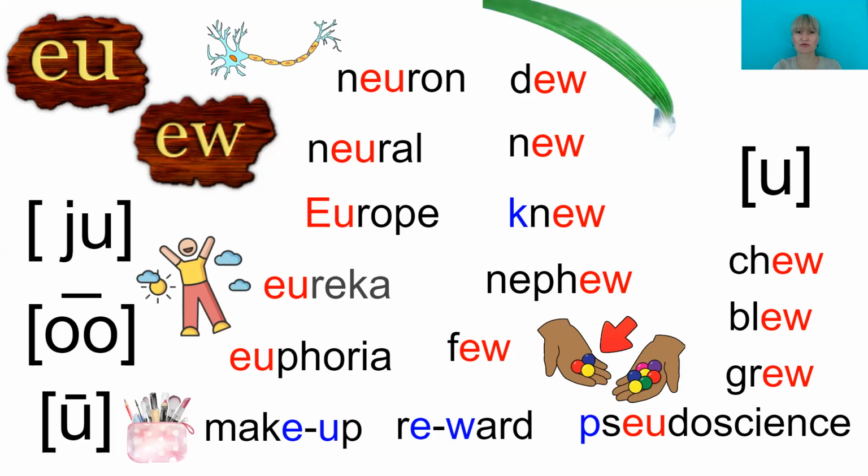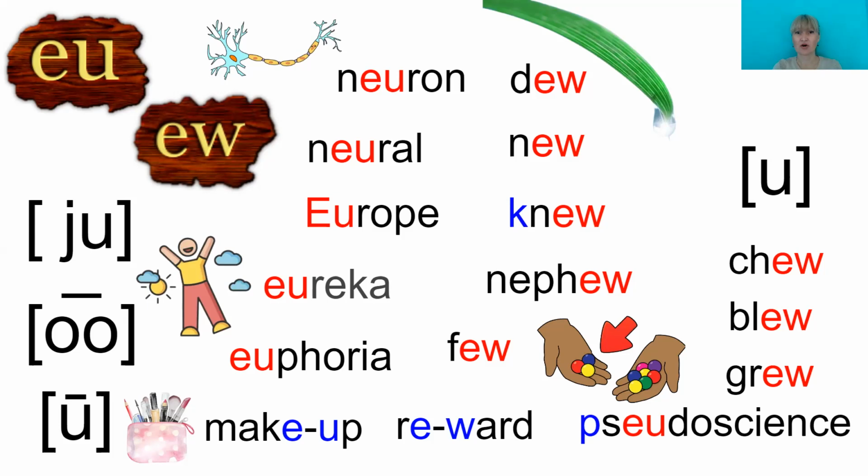Опять это только для того, чтобы расширить немножко ваш кругозор читабельный, чтобы вы могли понимать, что слова в английском, к сожалению, запомнить или какого-то единичного правила у нас нет. То есть нужно каждое слово, которое вы не знаете, проверить по словарю, как правило. И потом, когда вы его уже узнаете в тексте, то вы знаете, как его читать. So very often we need to read and check the words in the dictionary. So chew, жевать, blew, past of blow, grew, past of grow.